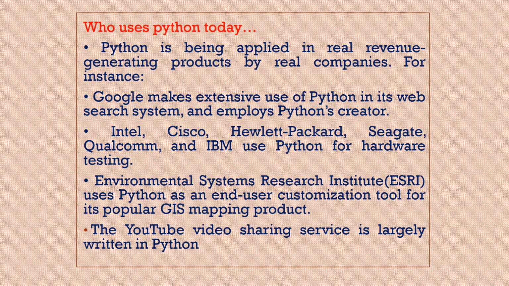Other companies like Intel, Cisco, HP, Seagate, Qualcomm, IBM, all these big companies use Python for hardware testing. ESRI, the Environmental Systems Research Institute, uses Python as an end user customization tool for their popular GIS product.